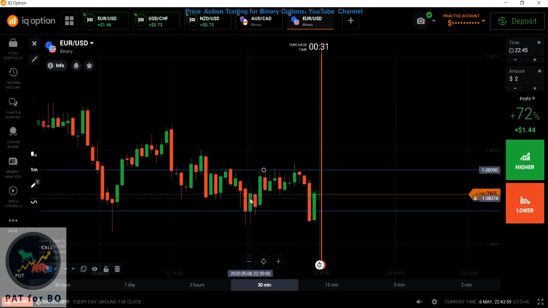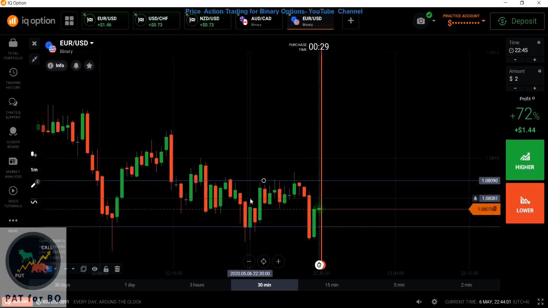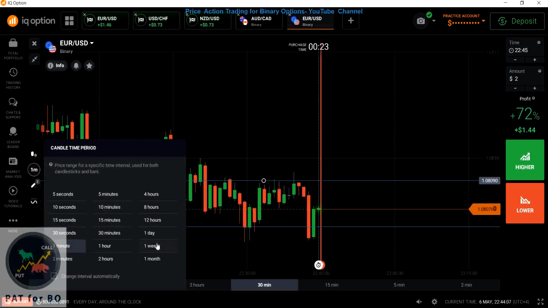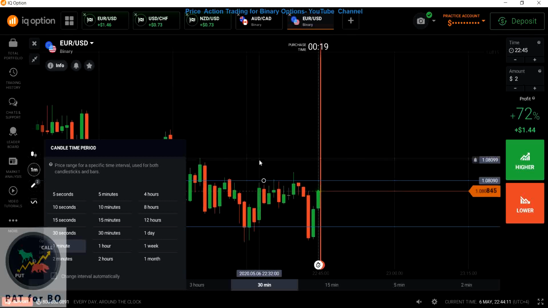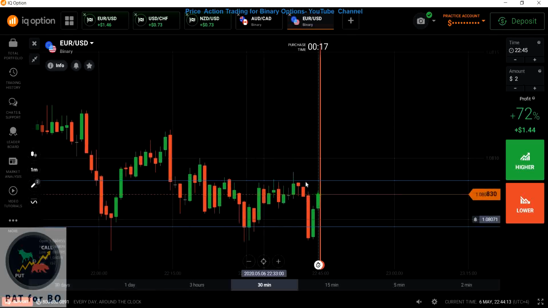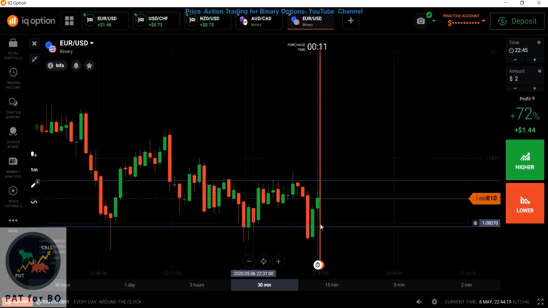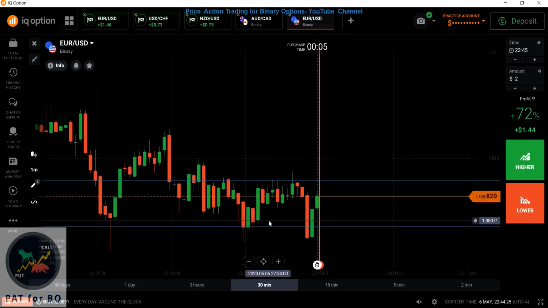But since we had seen so many red candles, if you take out a 12 minutes candle, because the platform does not allow you to take a 12 minutes candle, but you can form a candle of any minutes, any range, right? By default, it is in your mind. So if you take out a candle of 12 minutes, the price went all the way up, rejected, and closed here. So it is just a doji. The price was nowhere, it didn't go anywhere. It was ranging in one market.